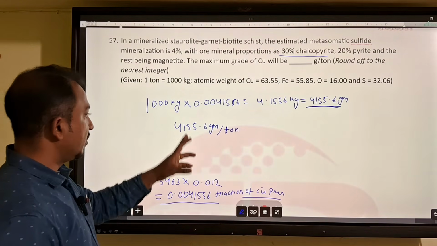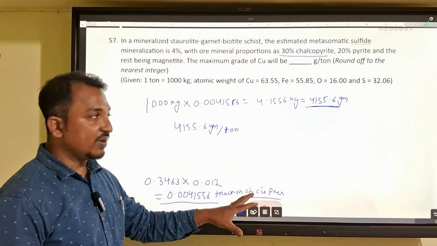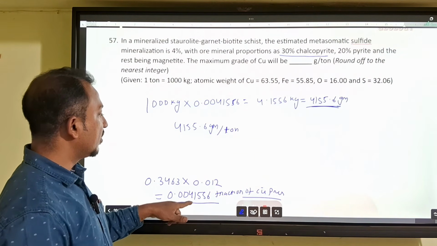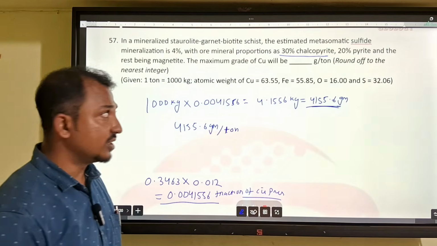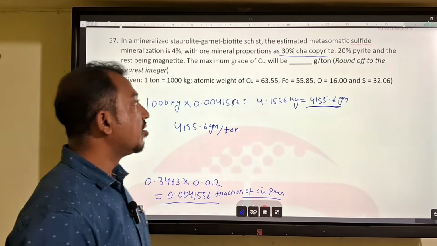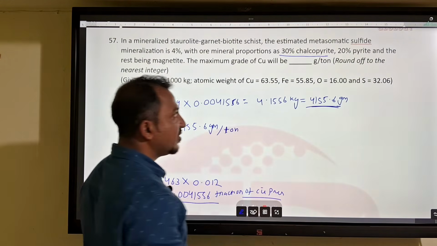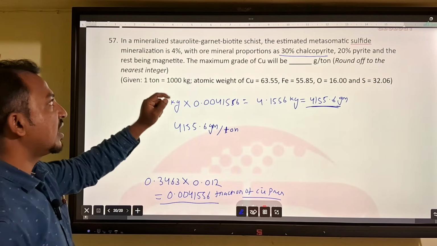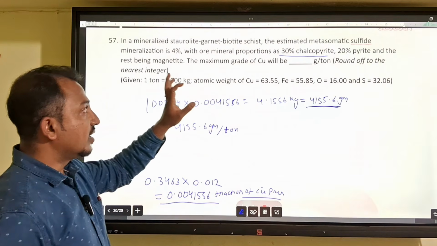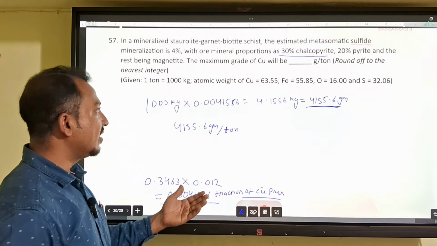So we have calculated that from the whole deposit this much fraction of copper is present. Because it is asked in gram per ton, from 1000 kg it will be 4155.6 gram per ton of the deposit. The deposit here is talc-garnet-biotite schist.